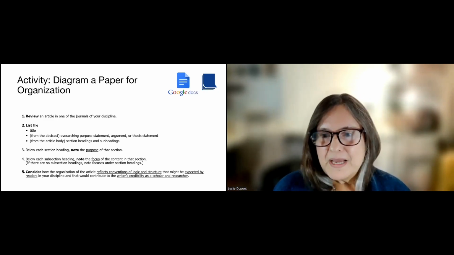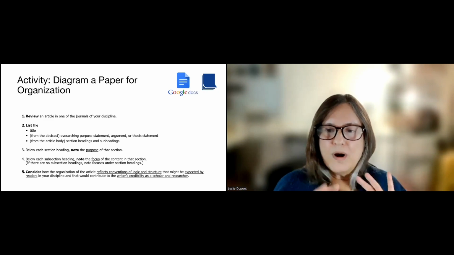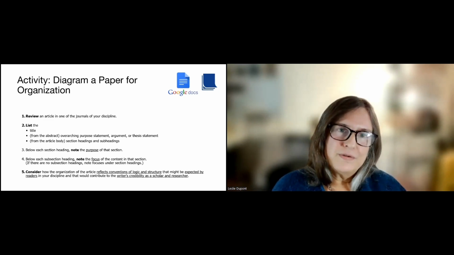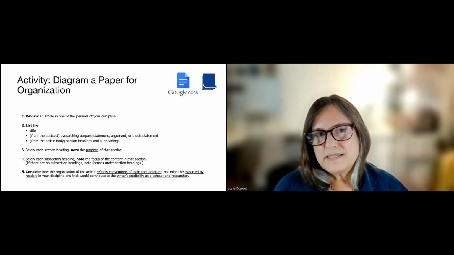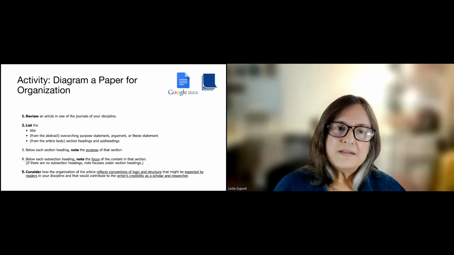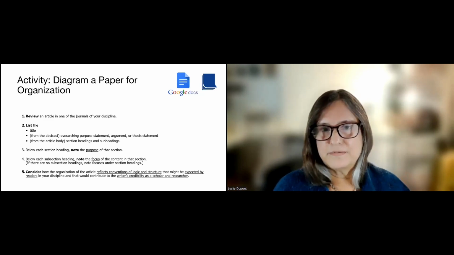So my next question to you is, what other writing genres in your field could you apply a similar kind of diagramming strategy to? To add to that, how might you adapt or customize this strategy?